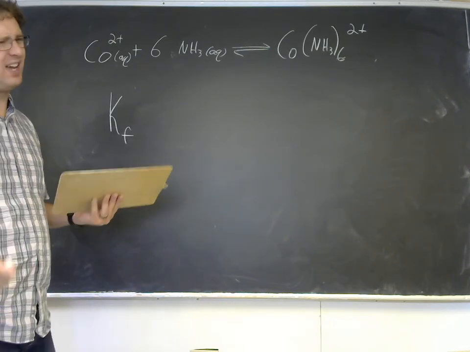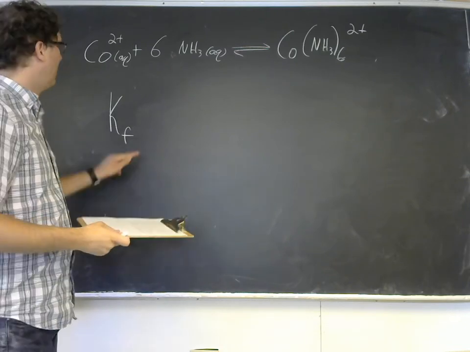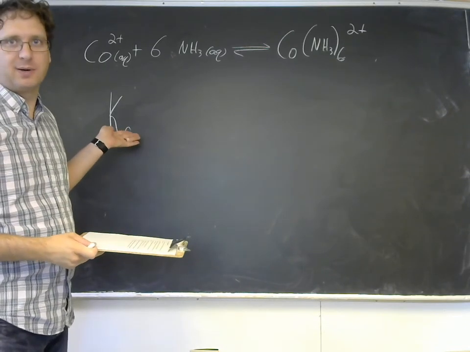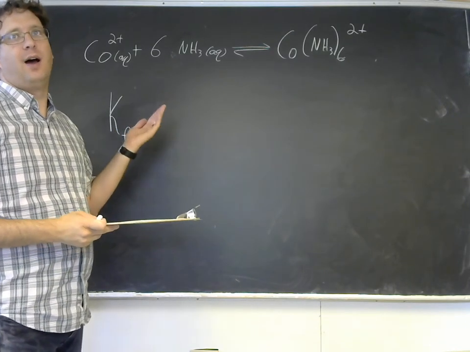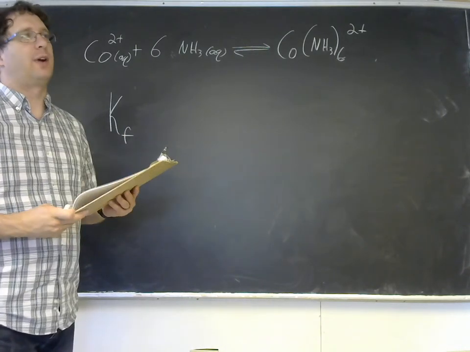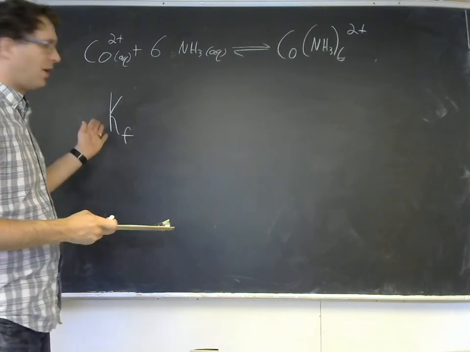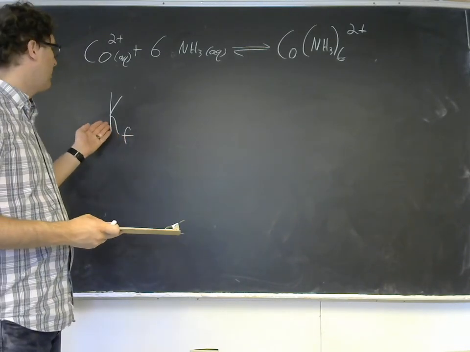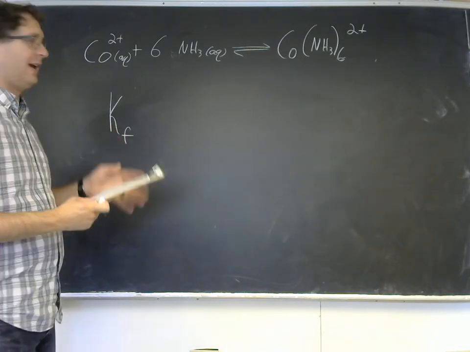Just like for acids and bases, we gave a special name to its equilibrium constant, an acid dissociation constant, or a base dissociation constant, or an acid ionization constant. We just call it a Ka or a Kb. Well, here we have a formation constant, or a Kf.